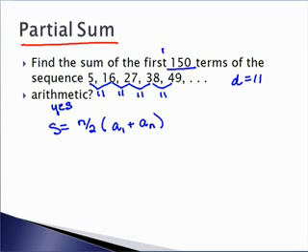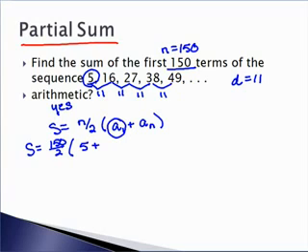So our n is 150. So in the formula, we can put in the 150 here. We know, because we have the first terms of the sequence, that the value of the first term is 5. So in for a sub 1, we can plug in a 5.